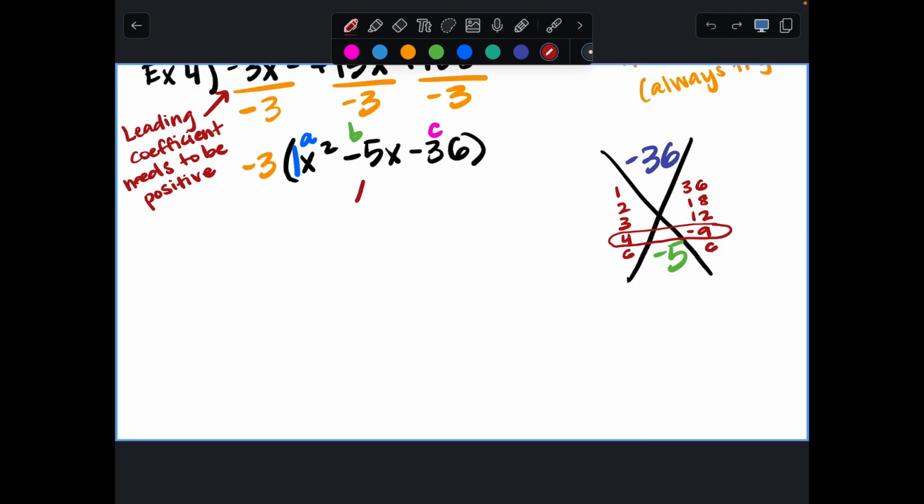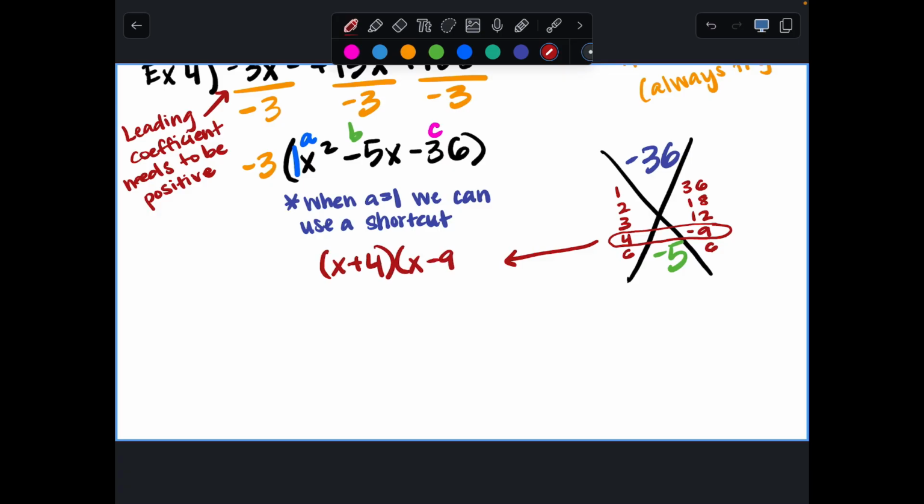Now, I actually don't need to do the rest of this because I'll show you a shortcut, which is that when A is equal to 1, we can use a shortcut. So instead of factoring by grouping, I'm just going to take my positive 4 and negative 9, and I can do x plus 4, x minus 9.